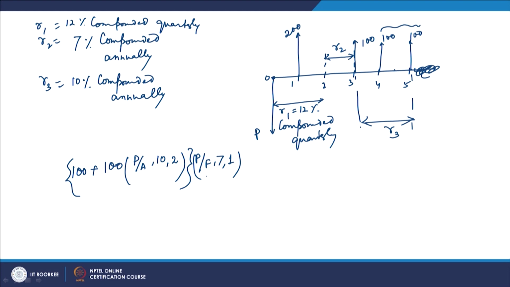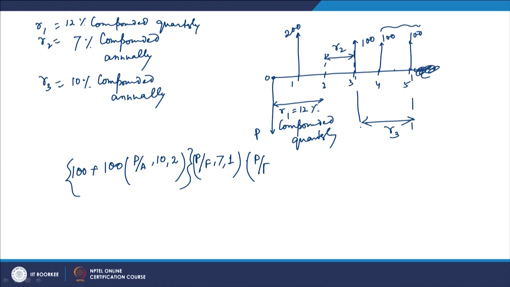Now, you have to further bring this amount which is defined at 2 to 1, and this interest rate is different, that is 12% compounded quarterly. It means this is 1 year, so there will be 4 times 3% of interest added. So, you have to use the interest rate of 3% and time period of 4. So, you will be multiplying with P by F, interest rate 3 and time period 4.